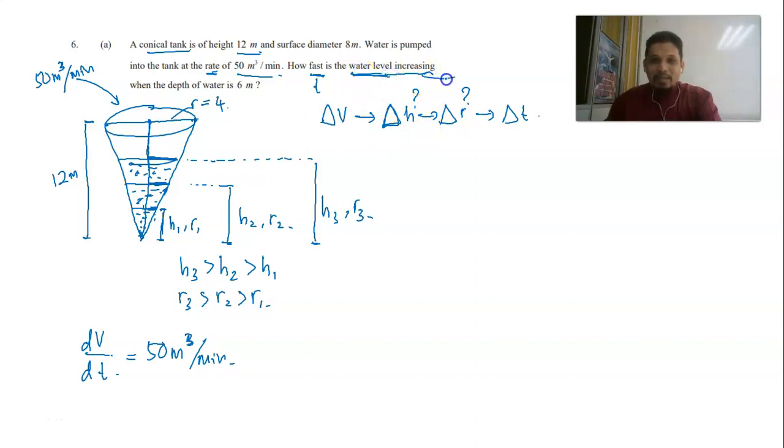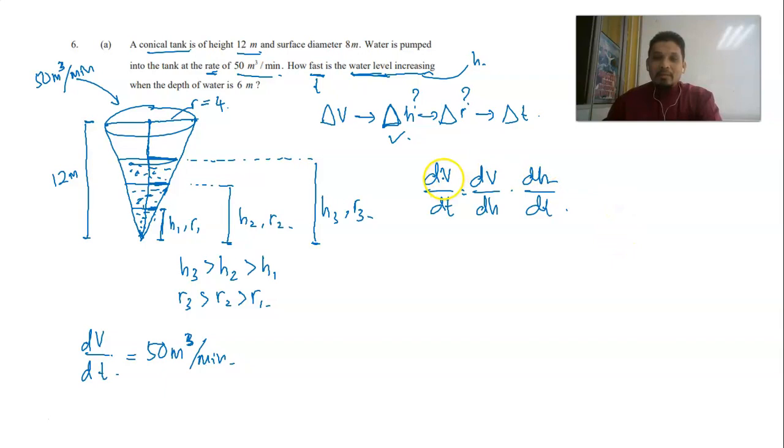The water level increase has something to do with height. So then dV/dt. We agreed just now it is a change of the height, so it is dV/dh times dh/dt.